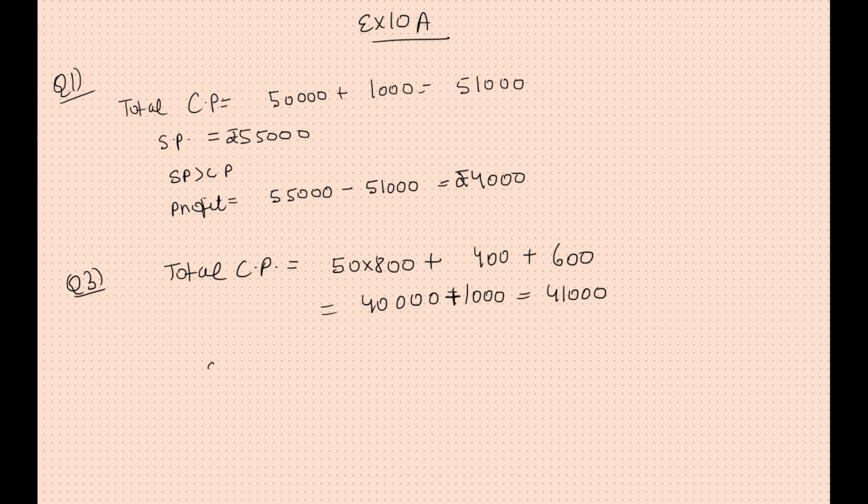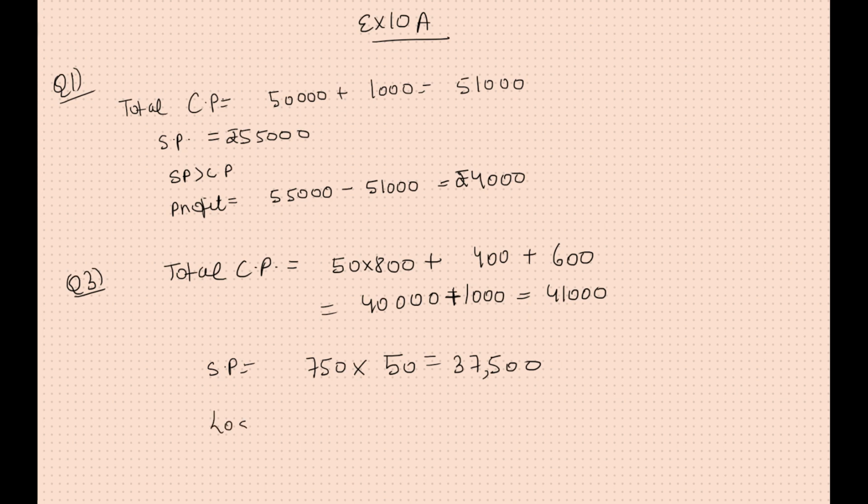Okay. Selling price is 750 into how many quintals we had? 50 quintals. Okay. So 750 into 50 would be 37,500. So profit is not here because selling price is less than cost price.